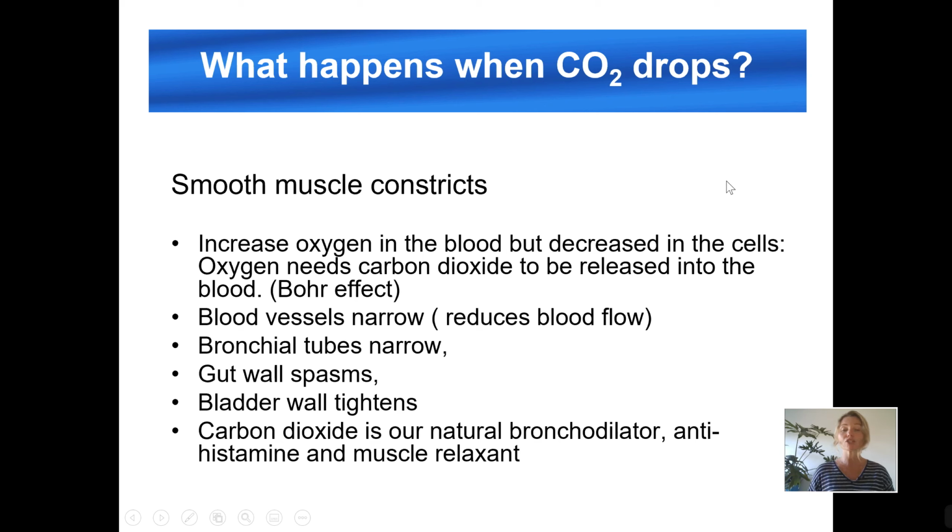Now back to what happens when the carbon dioxide drops. Carbon dioxide is actually really important. We do need a certain amount of carbon dioxide in our blood. So when we're overbreathing, we have increased oxygen in the blood, but that oxygen actually doesn't go into the cells, because oxygen needs a certain level of carbon dioxide to be released into the cells.